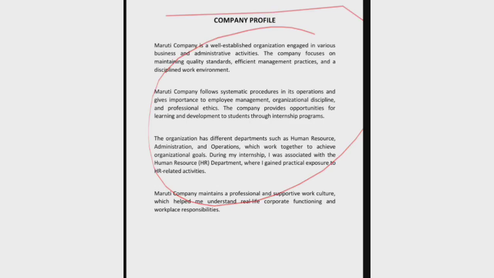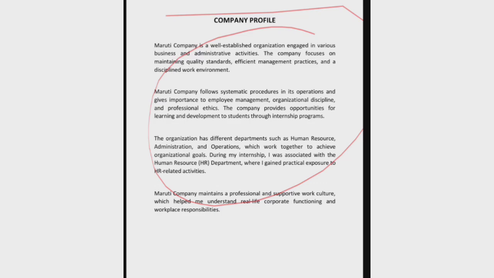The Maruti company is a well-established organization engaged in various business and administrative activities. The company focuses on maintaining quality standards, effective management practices, and a disciplined work environment.